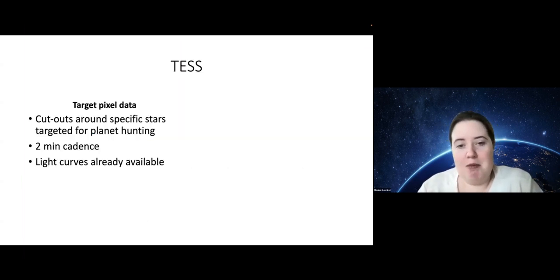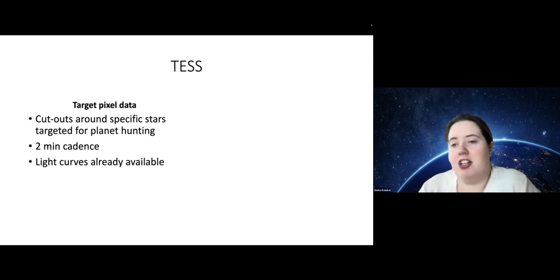So TESS data comes in two different flavors. There are target pixel data, where you have small cutouts of individual stars. These stars were chosen as the most likely objects to host planets. That is to say, they are some of the brightest stars. They are found in regions of lower contamination from nearby sources, so generally avoiding the galactic plane.